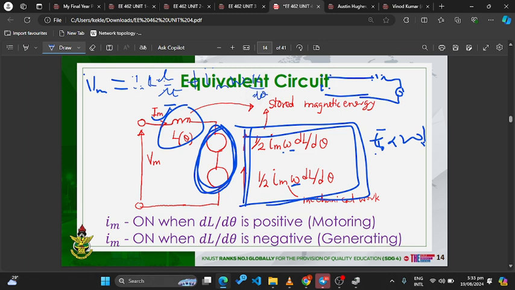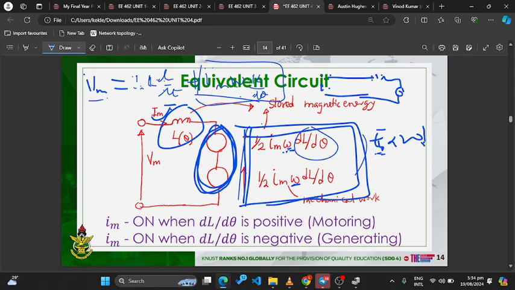So if the back EMF is very small, let's assume the rate of change, the slope, is constant. If the speed is low, this back EMF is low. If it is low, the difference between this side and this side is going to be higher compared to when the speed is high.